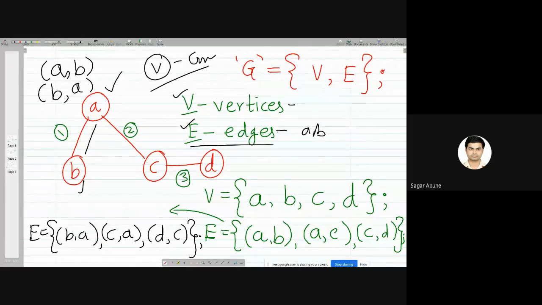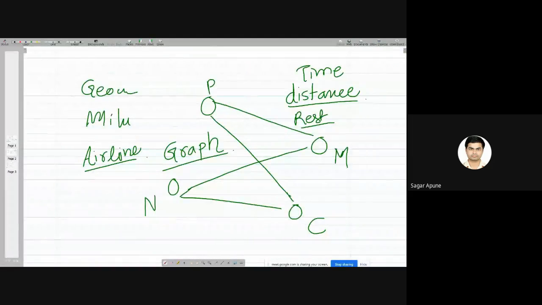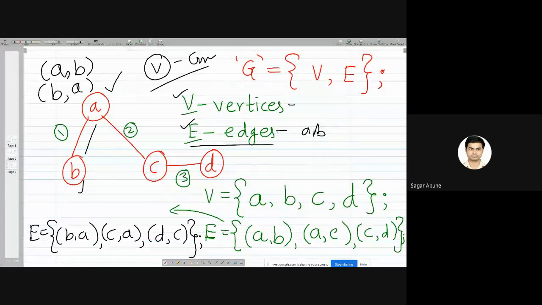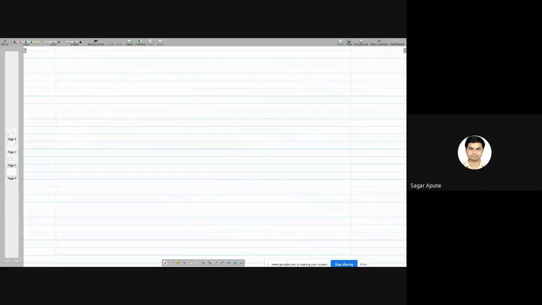Okay? Then next, there are two types of graphs. Graph has two types. So here I divide my page into sections.